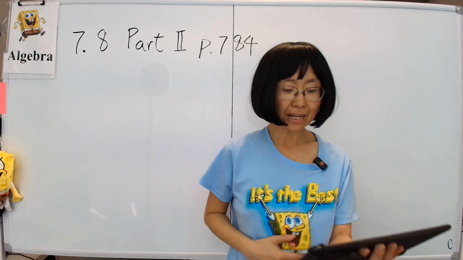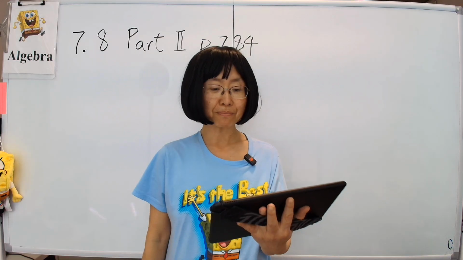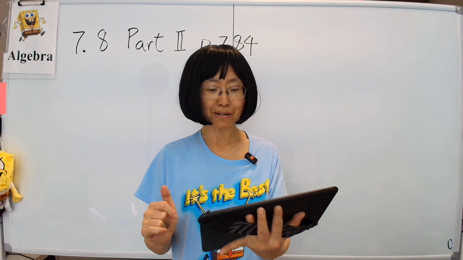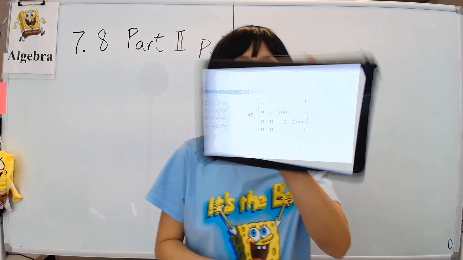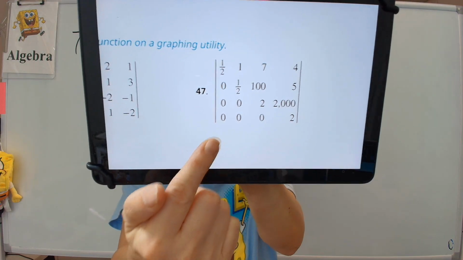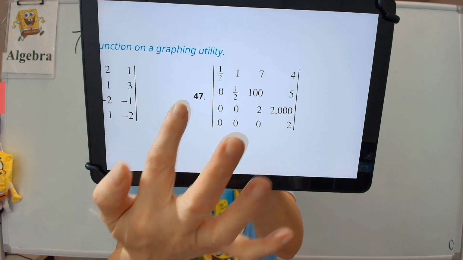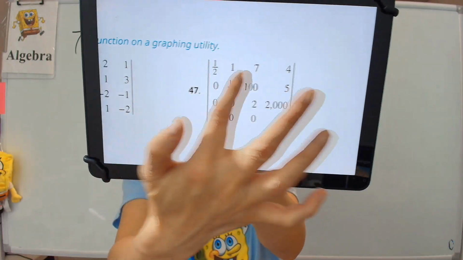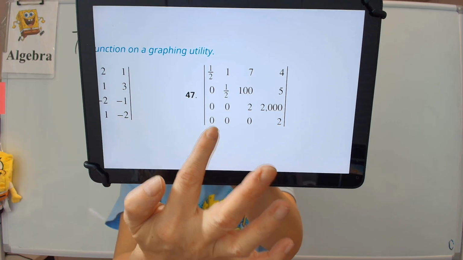All right, so next I want to talk about problem 47, because that is going to be a very neat problem. In problem 47, we have a giant matrix, but you notice that all the stuff below the diagonal line is 0, right? And there's stuff on top, but it's all 0 here.